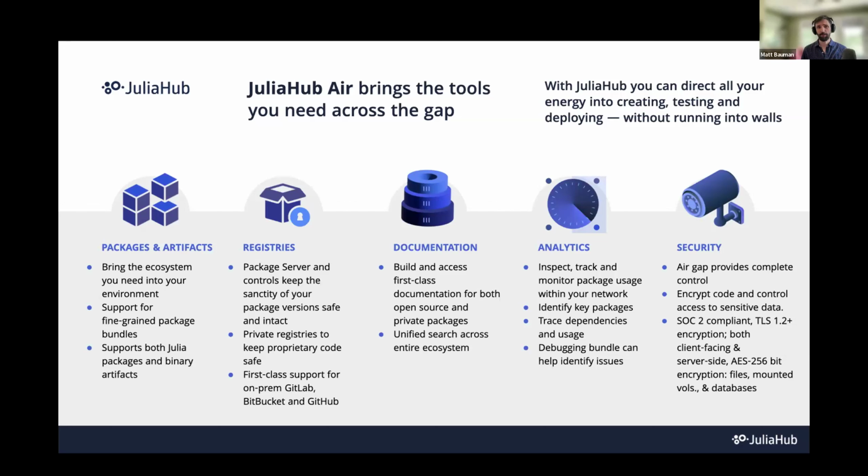And lastly, but of course not least, are the security controls that JuliaHub Air brings to the table, both infrastructurally as well as architecturally, and from our side organizationally, with a secure software development lifecycle that allows you to trust in what we're doing.